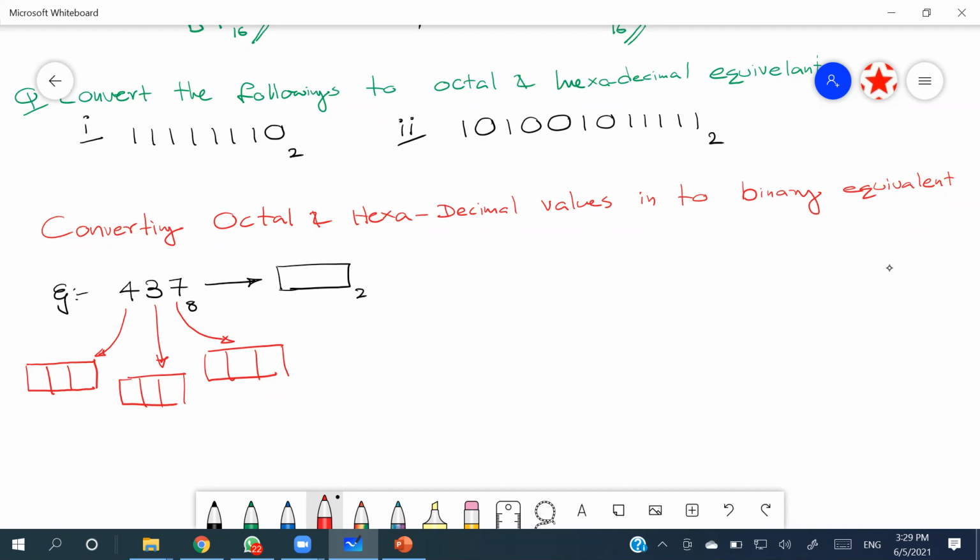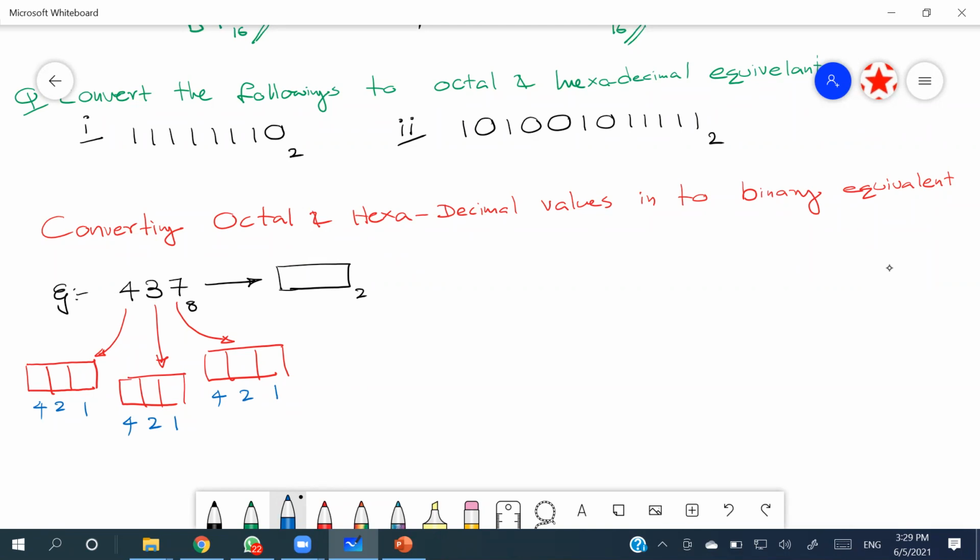The trick is you have to remember the place values. What are the place values? We know now 1, 2, and 4. These binary values are going to take 1, 2, and 4. So we are going to convert each and every symbol into a binary equivalent which has 3 bits.